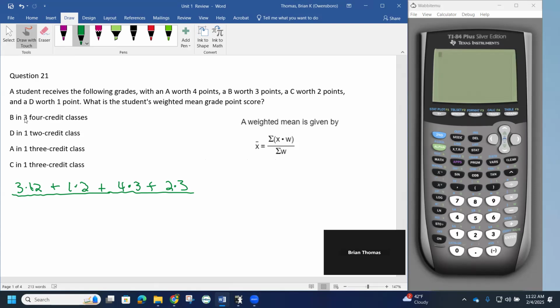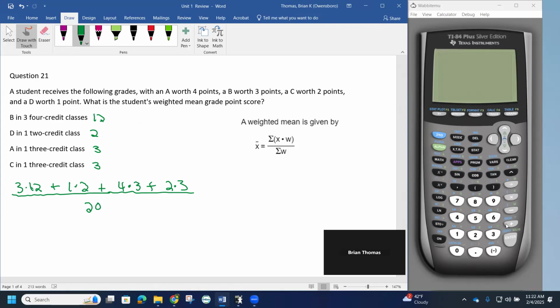So again, notice how the B counted 12 times, the D counted twice, the A counted 3 times, and the C counted 3 times. So if you add those together, 14, 17, 20, you would be dividing by 20.